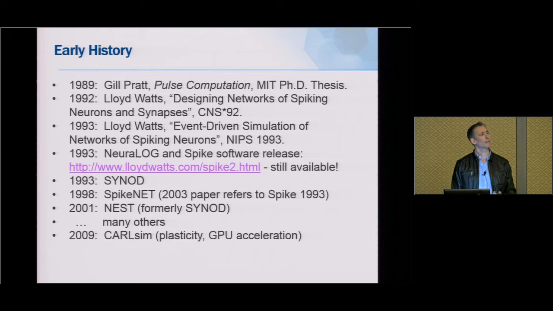Now, Gil Pratt, we know that name. He's a program director at DARPA. So there's a long history that goes back, as far as I know, begins with him. Ralph Etienne-Cummings today mentioned in the talk "To Spike or Not to Spike" the important role that John Lazzaro and Misha Mahowald played.